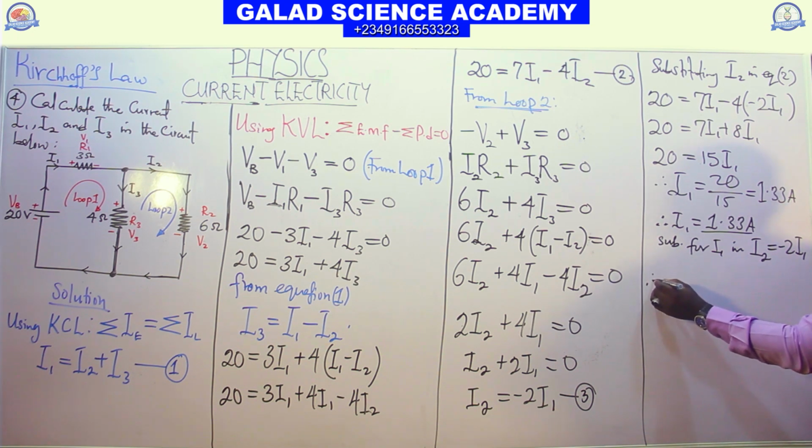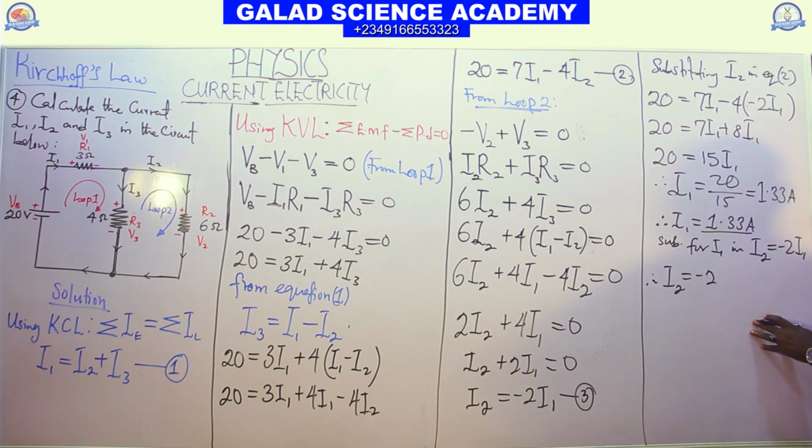So therefore, what will be I2 now? Minus 2 times I1. What is I1?